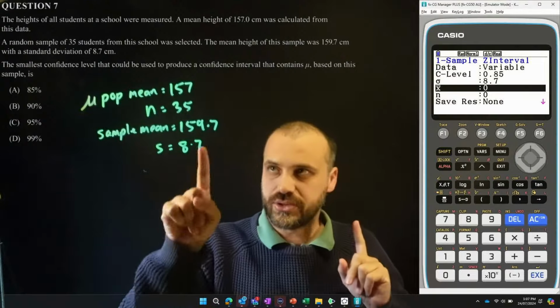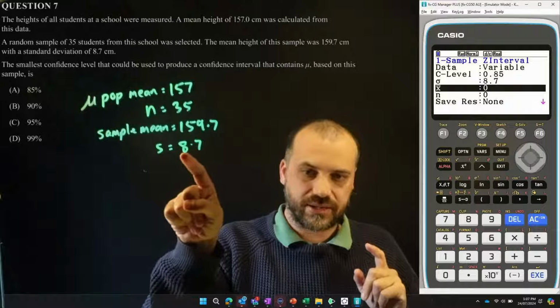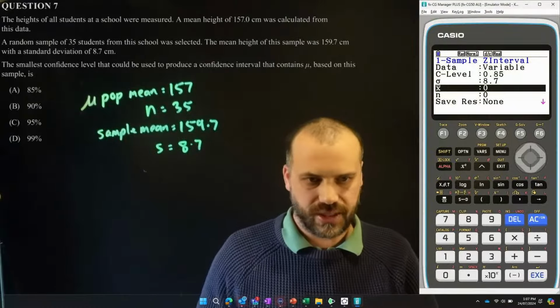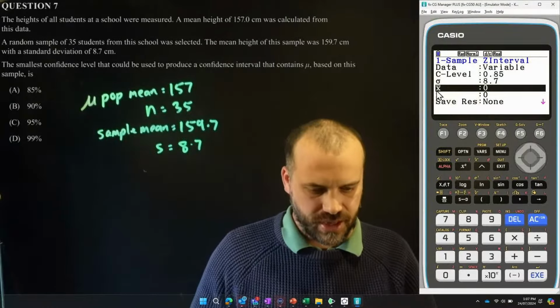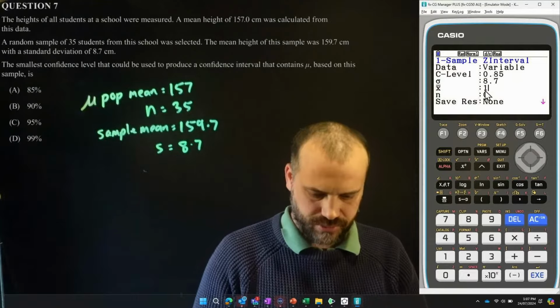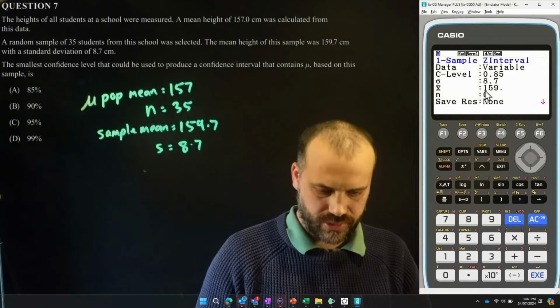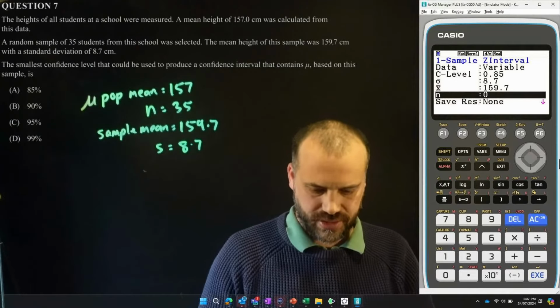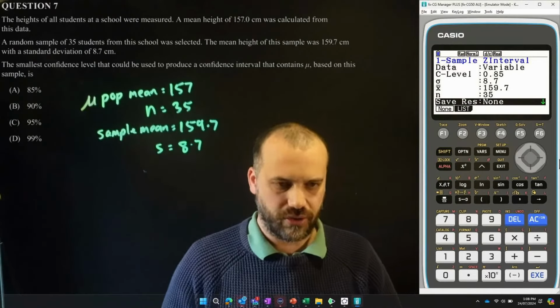So we're using exactly what we've got because that is our sample standard deviation. What else do we have here? We have our mean, which is our sample mean, 159.7, and we have our number of samples, 35.